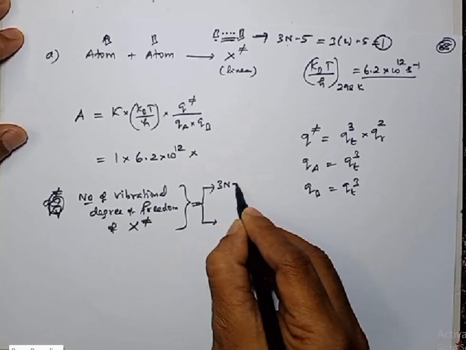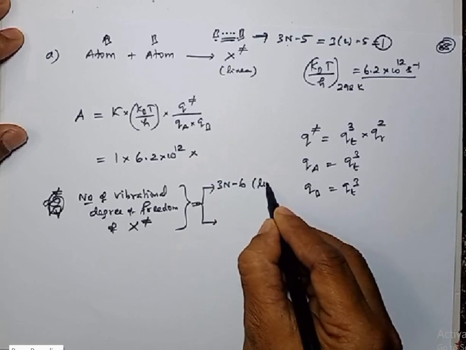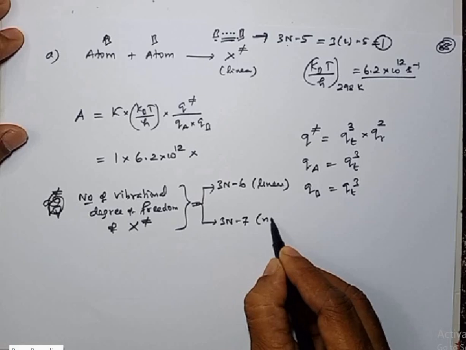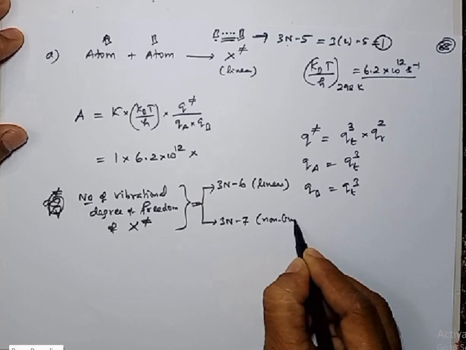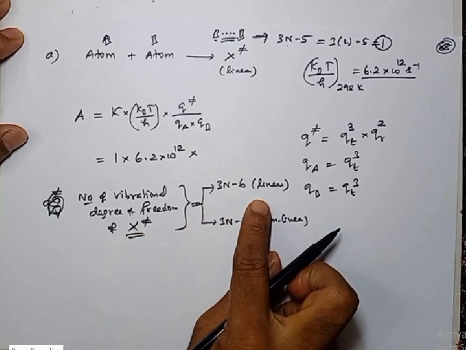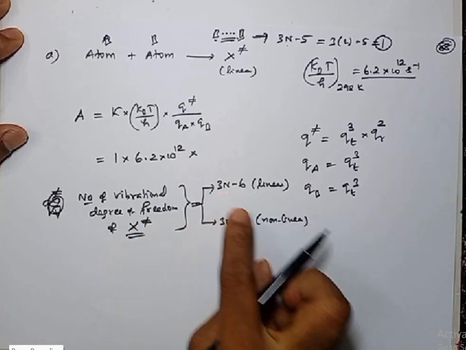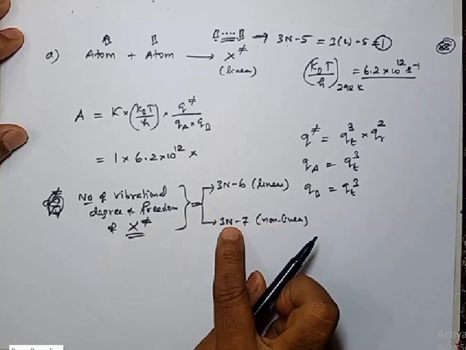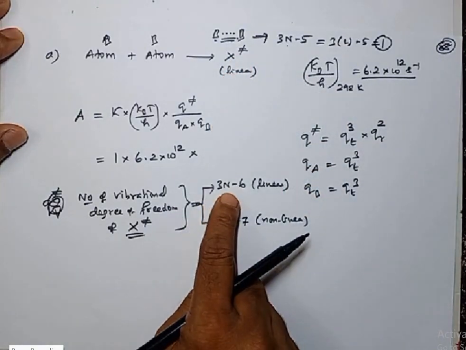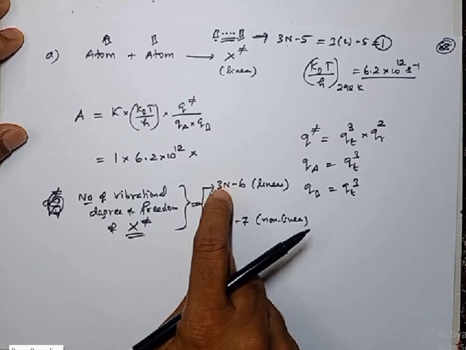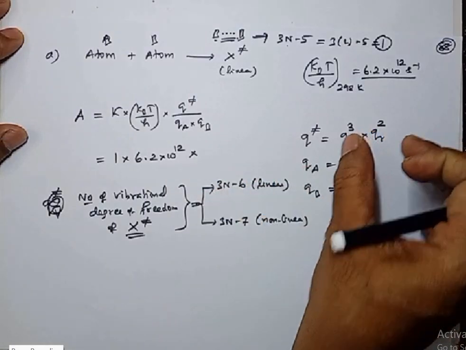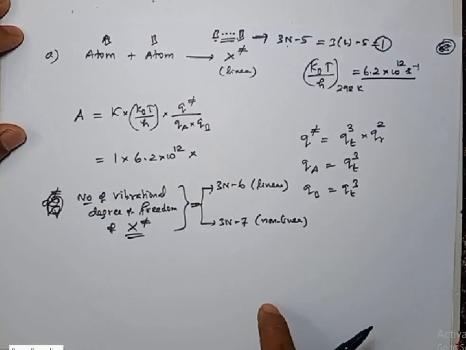One is 3n minus 6 for linear, 3n minus 7 for nonlinear. This formula is applicable for an activated complex. Since we are getting a linear complex here, use this formula, put n equal to 2. 2 into 3, 6, 6 minus 6 is 0. There is no vibrational degree of freedom for the activated complex here.